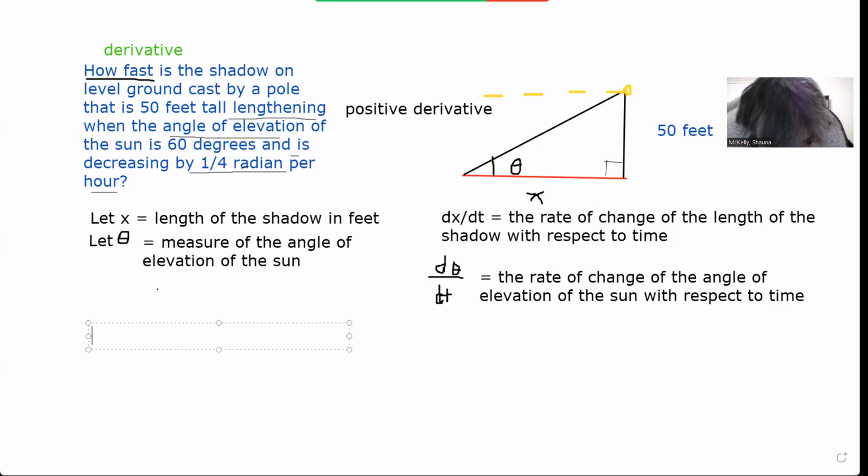And so we have tangent of theta, and I'm going to write my angle here. Tangent theta. Remember, tangent theta from trigonometry is equal to opposite over adjacent. So I have, this is 50 over x.